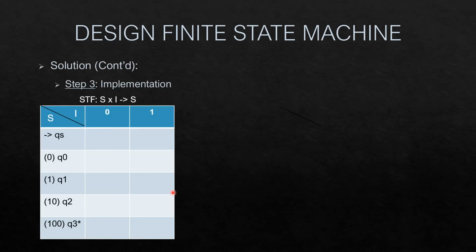Step number 3 is implementation. So as we can see, our S, that is states: Qs is a start or initial state represented with the arrow, Q0 will represent 0, Q1 will represent 1, Q2 will represent 1 0 and Q3, which is our final state, will represent 1 0 0.